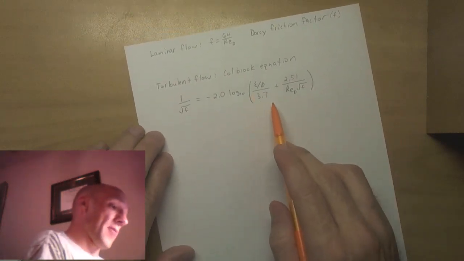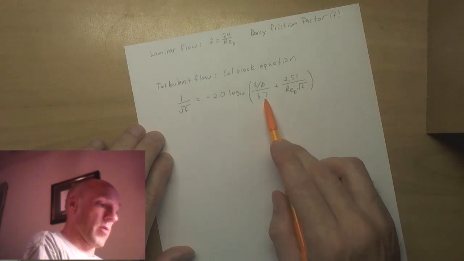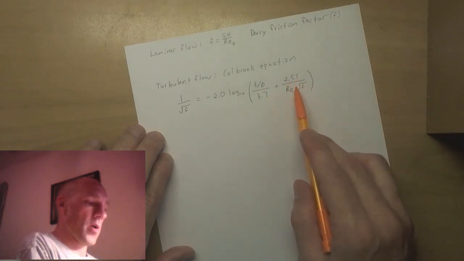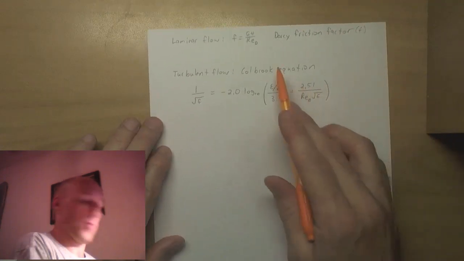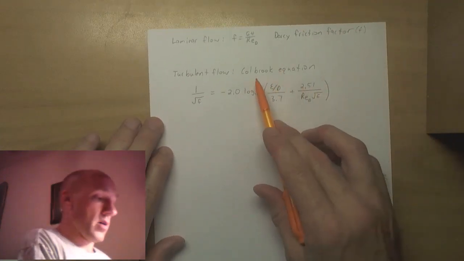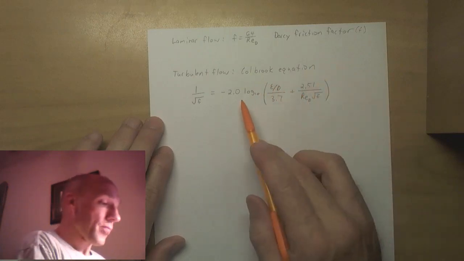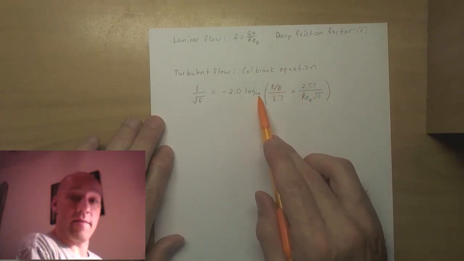Now there are a couple of parameters in there we need to adjust. These are just numbers: 3.7, 2.51. Those are just parameters that were tuned in the experiments. This is the log base 10.